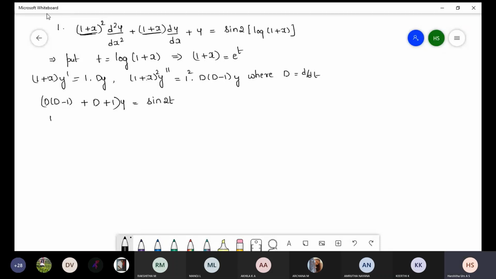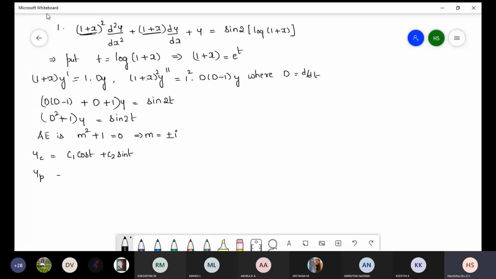So D square minus D plus D cancel, and D square plus 1 into y is equal to sine 2t. The auxiliary equation is m square plus 1 is equal to 0, m is equal to plus or minus i. YC is C1 cos t plus C2 sin t.